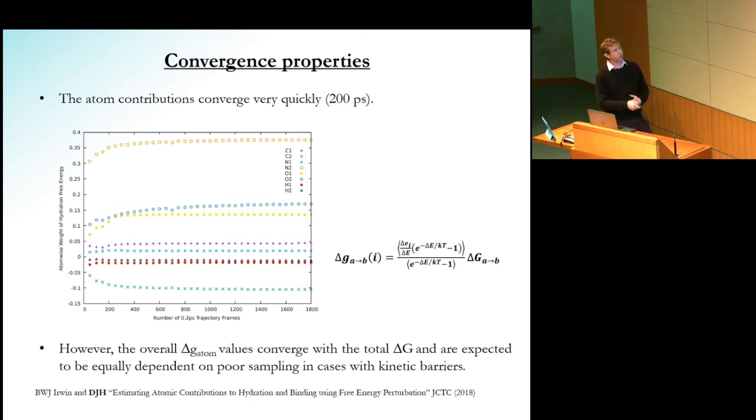These values are going to converge with the total delta G, and they're going to be equally dependent on sampling. So if there are kinetic barriers, this is not going to address that in any way. You're still going to make the same mistakes you make with just calculating the overall free energy change.